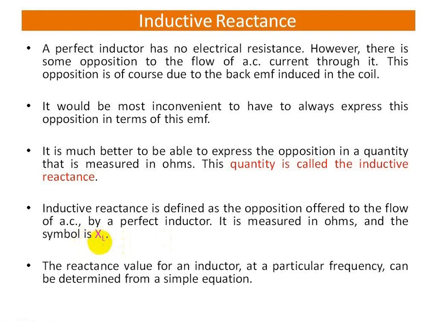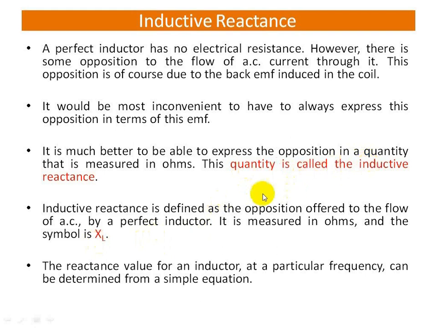The induced EMF will be opposing current, but we are not going to express the opposing quantity in terms of EMF. It is inconvenient to express the opposition quantity in terms of voltage. That is why we use this quantity called inductive reactance as the quantity that opposes the flow of current.